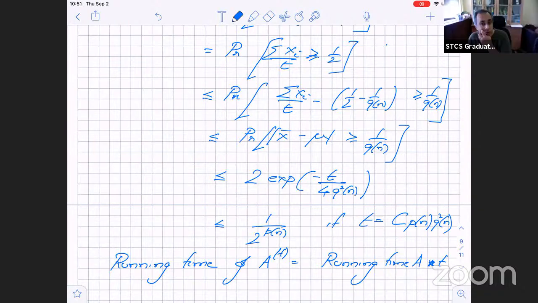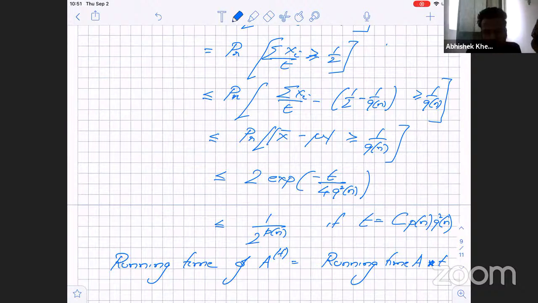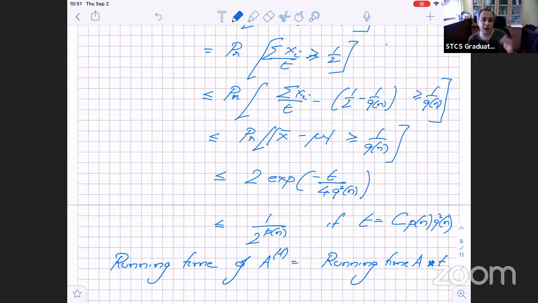Abhishek, does that answer your question now? Yeah. So I can only get the error down to inverse exponential. I can't get it smaller than inverse exponential, because if I want the algorithm to have error epsilon, then I have to run it log 1 over epsilon times. And if I want log 1 over epsilon to be polynomial, epsilon has to be inverse exponential.